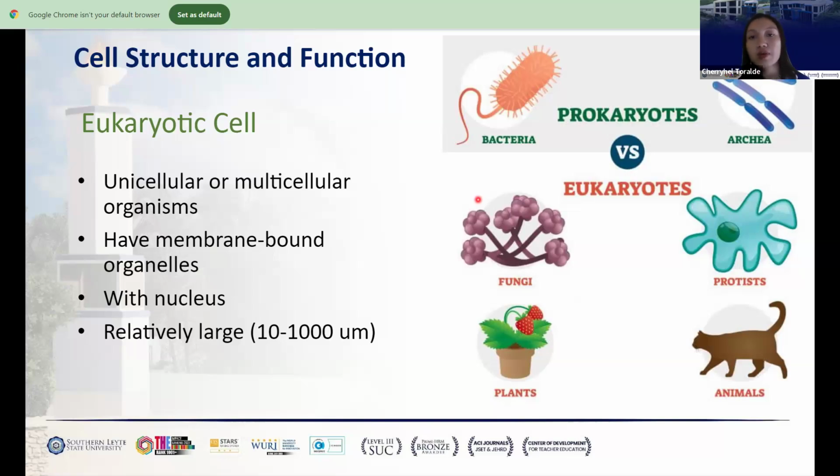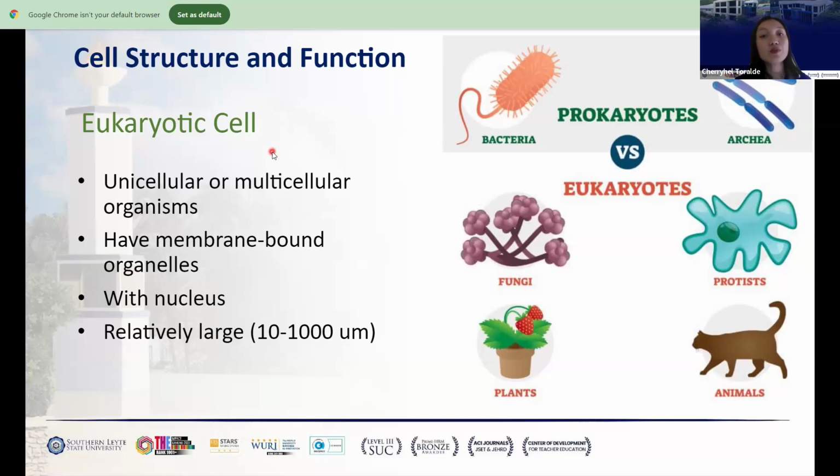Just to mention, when you say prokaryotic, pro means before. Karyon means nucleus, meaning before the emergence of the nucleus in the cells. There is no nucleus. While eukaryote means eu is true and karyon is nucleus, meaning all these cells have a true nucleus inside them.